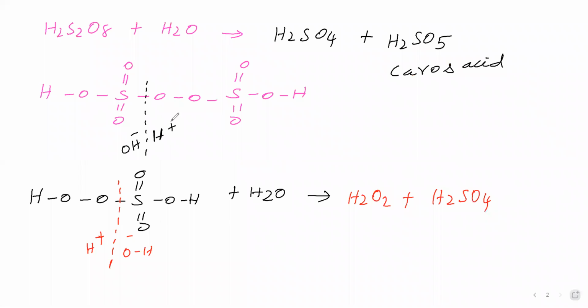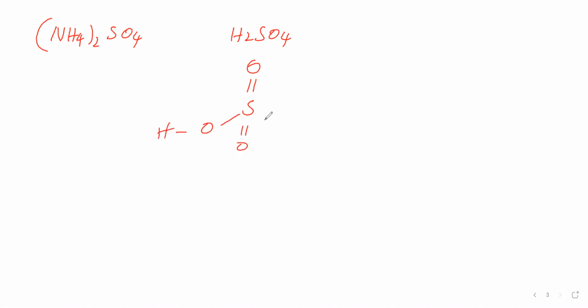That we will see. First, the ammonium sulfate formula: (NH4)2SO4. Sulfuric acid is H2SO4. The sulfuric acid structure we know: two double-bonded O, and here OH, here OH. In the place of this hydrogen, the ammonium ion is there.